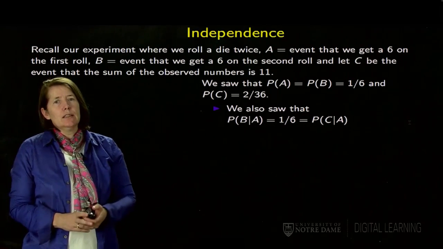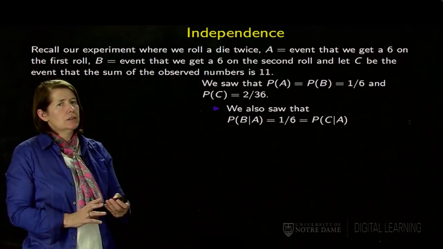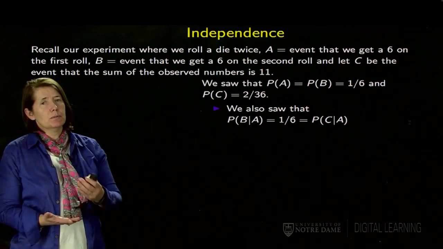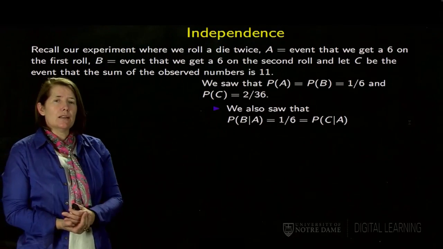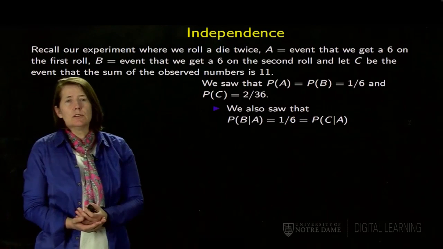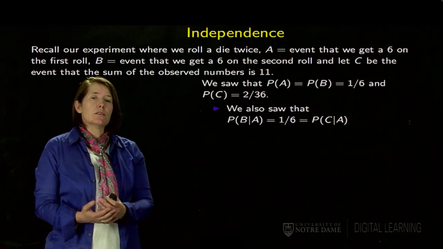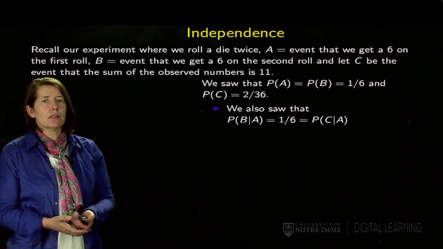And then we calculated the probability that B would happen, given that A had happened. The probability of getting a 6 on the second, given that we had a 6 on the first, is 1 over 6. And that was also equal to the probability that the sum was 11, given that the first number was a 6.